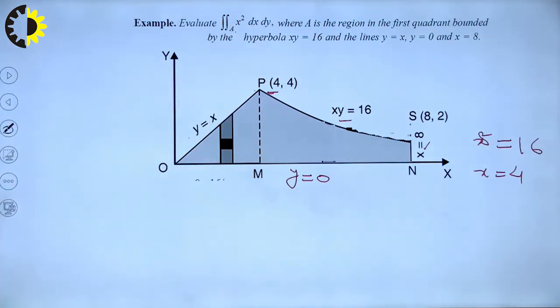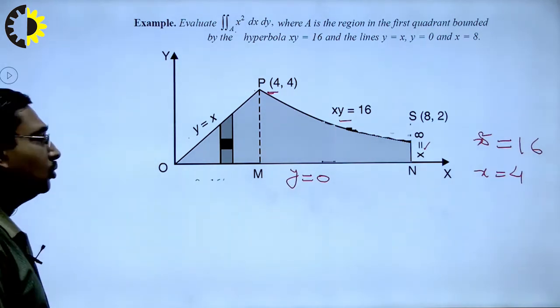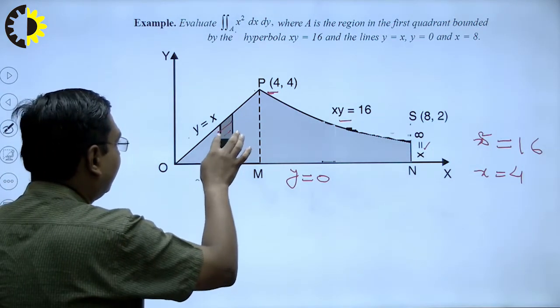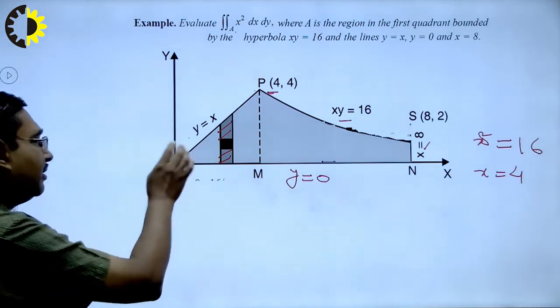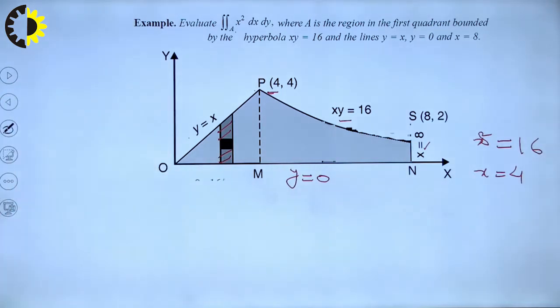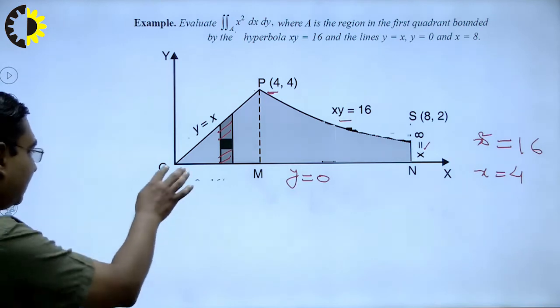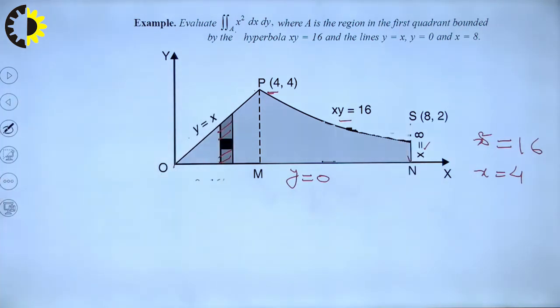To find the limits, what will we do? We will divide this region into vertical slices. Suppose I draw an element slice like this. With the help of the endpoints of this slice, we will obtain the limits of y, which will be in terms of x, because they are calculated from equations. With the help of the endpoints of the region, we calculate the limits of x.